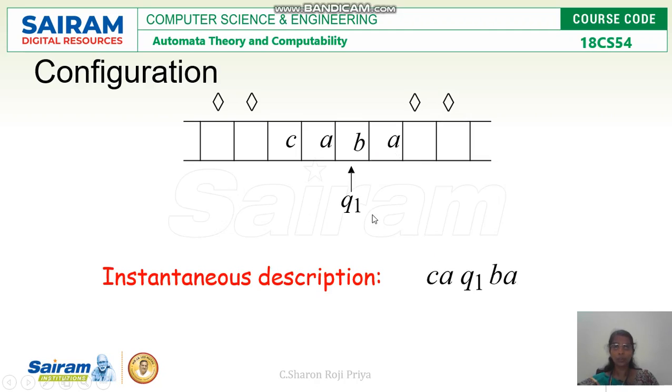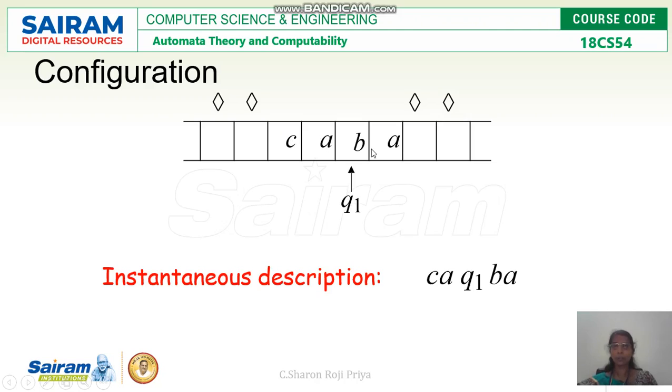I'll tell you once again. First you have to write the symbols present before your read write head. Then your current state, and the symbol which is pointed to by your read write head and the following symbols. CA, Q1, BA.